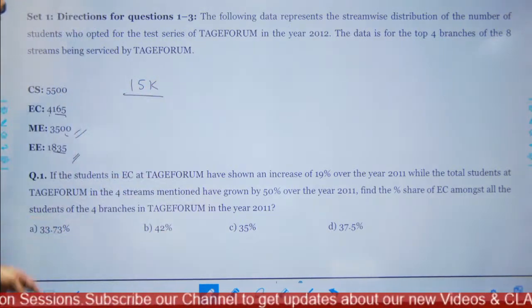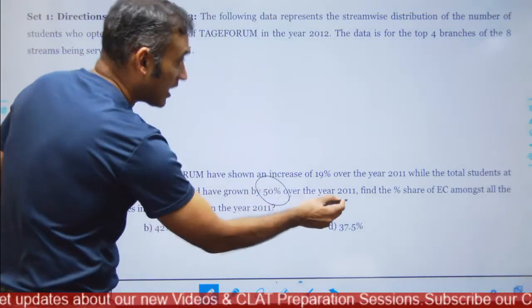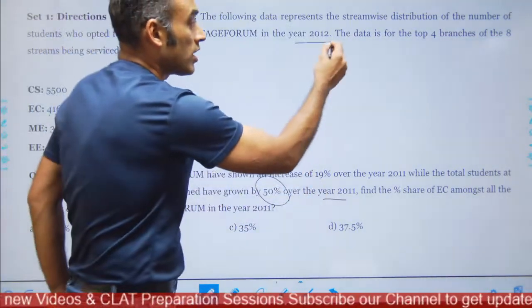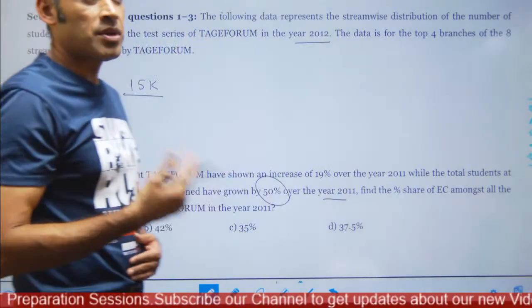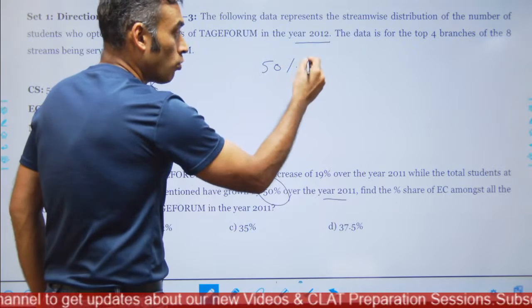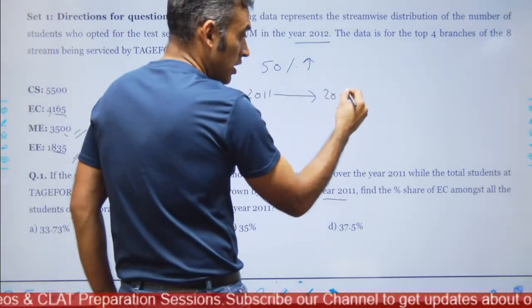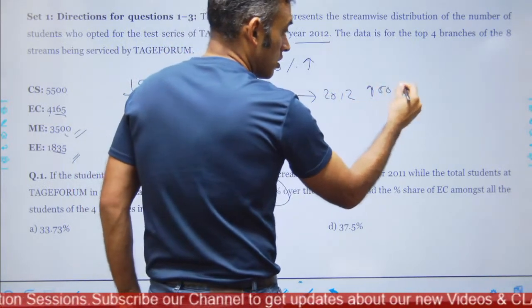Now in this question he says that there was a growth of 50% over the year 2011. Now this is year 2012, so it grew by 50% from 2011 to 2012, right?